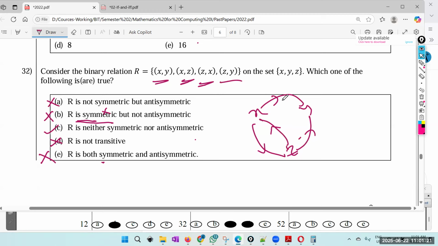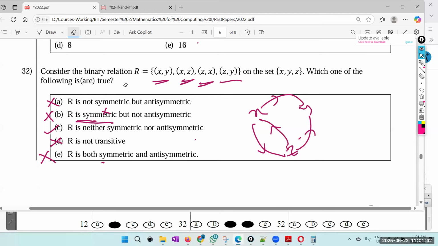We have this. For me, R is not transitive is wrong. R is transitive. For me, D is not answer. For me, answer is only C.